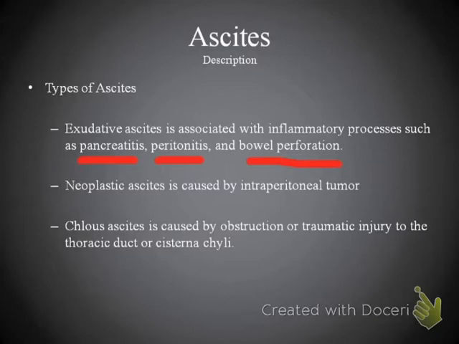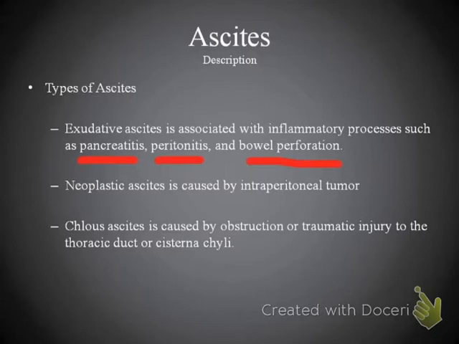We also find that we have neoplastic ascites, and as the name implies, neo meaning new growth, and it's caused by intraperitoneal tumor. And so something such as cancer causes the accumulation of fluid.